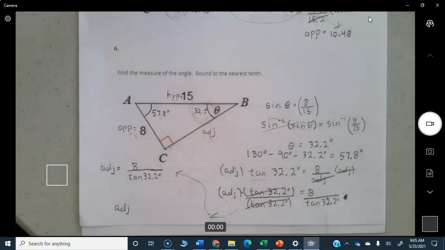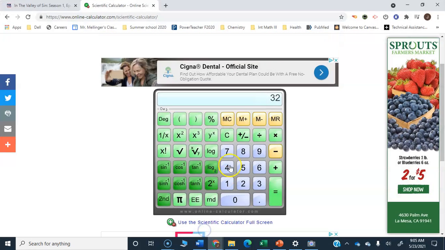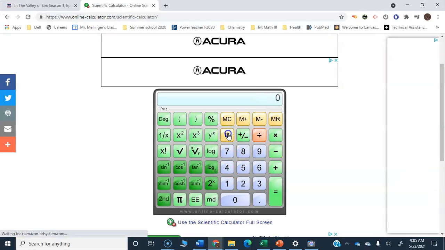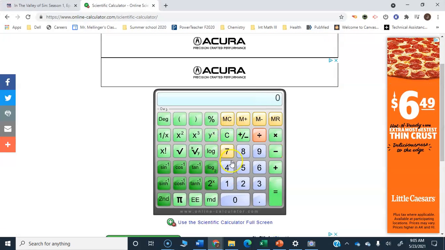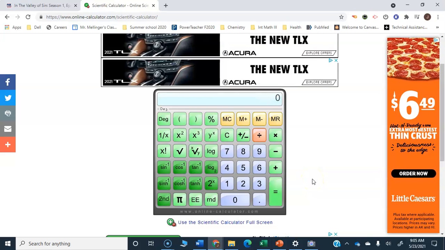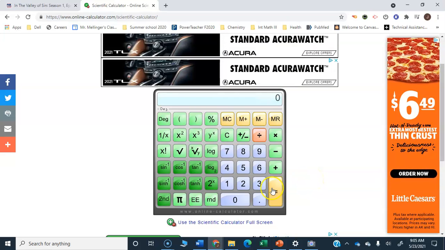Okay, so what I'm going to do now is go to the online calculator and do this calculation. It's kind of a little bit complicated because you got tangent down there at the bottom. So I'm going to go over to the online calculator here, and I'm going to clear it. And I'm going to do tangent 32.2 and then write it down. You don't have to do that, but I'm going to do that.